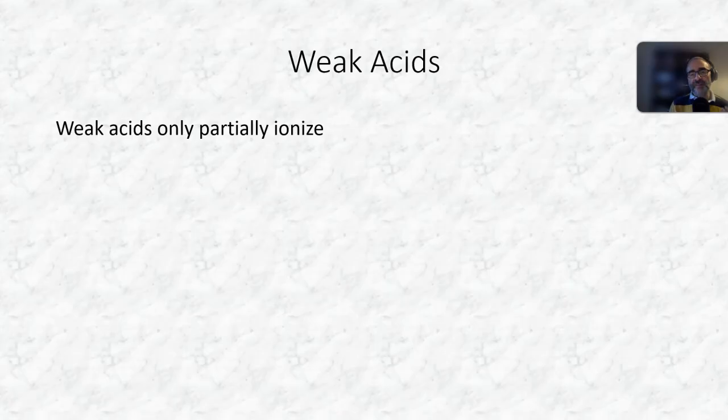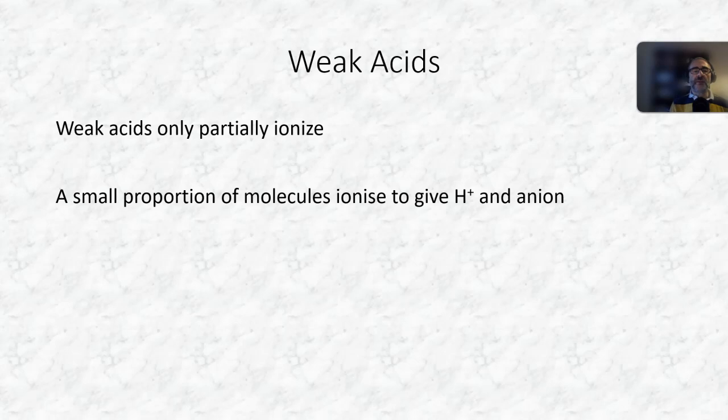So I mentioned weak acids a couple of times already. What is a weak acid? A weak acid is an acid that only partially ionizes in aqueous solution. That means that only a proportion of the molecules ionize to give the H+ ion and an anion. The alternative type of acid is a strong acid where every molecule will dissociate to give protons and anions.